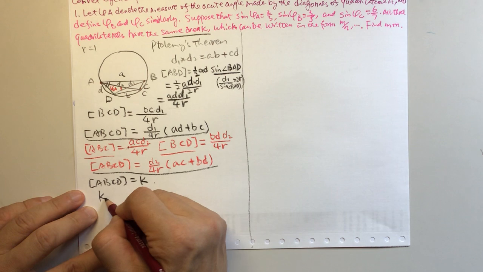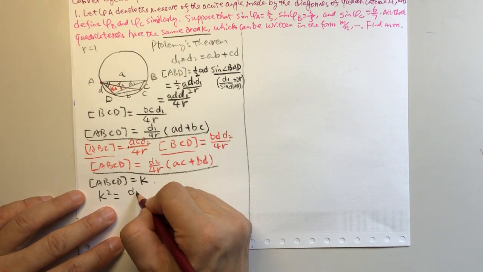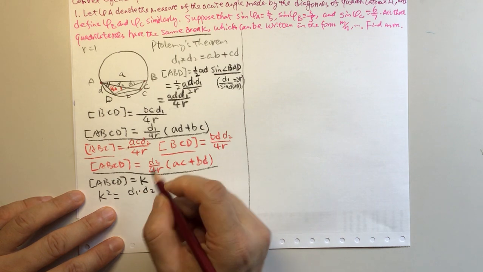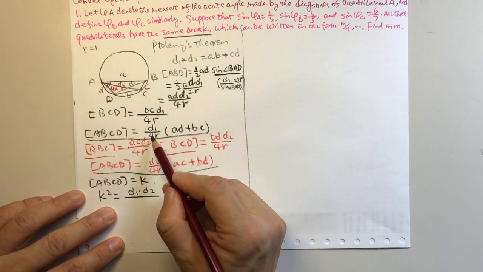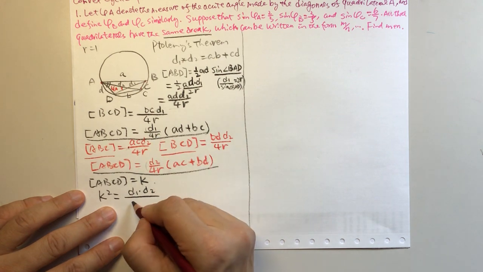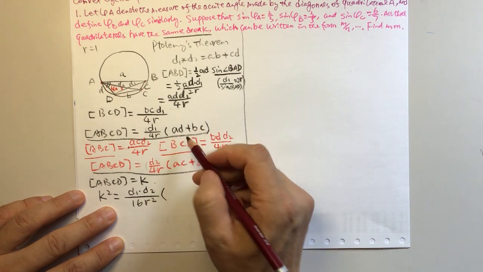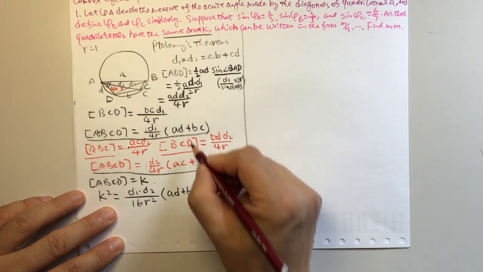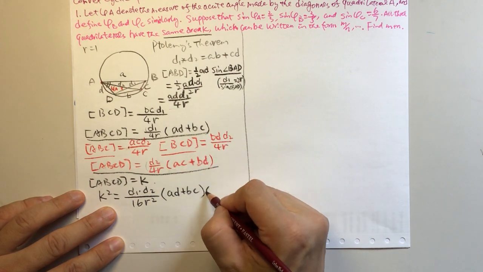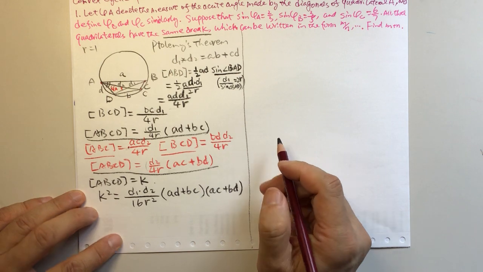Then we will get K squared equals D1 times D2, and the denominator is 4R times 4R, so it is 16R squared, and then times this one, AD plus BC, times this one, AC plus BD, right?